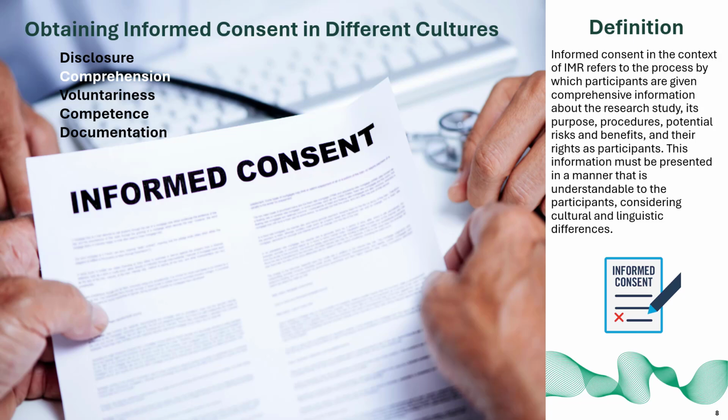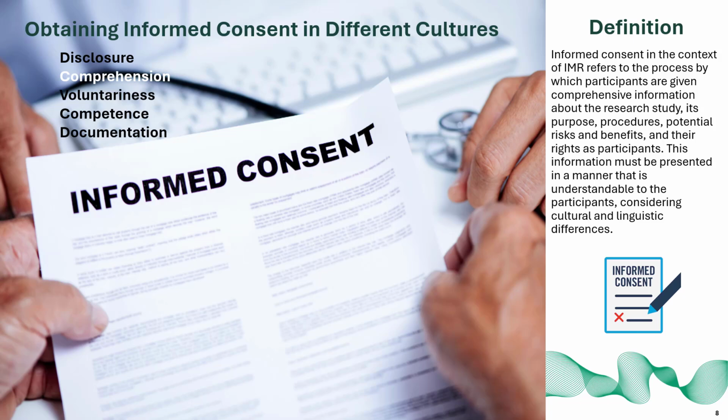The GDPR that we mentioned requires explicit consent demonstrated through active confirmation, not pursued by inactivity. In Asia, provide consent forms in local languages and consider cultural nuances, such as hierarchical societal structures where deference to authority may influence consent.